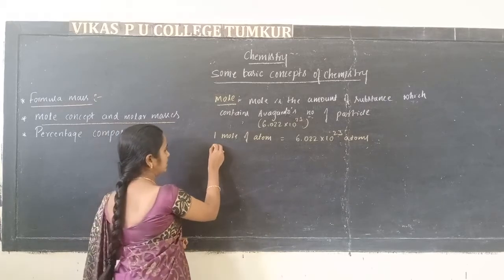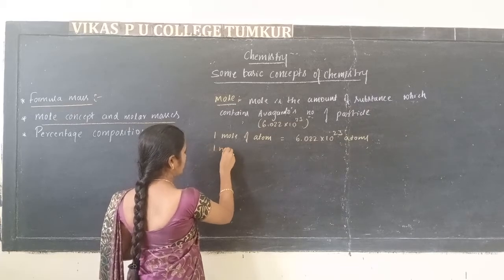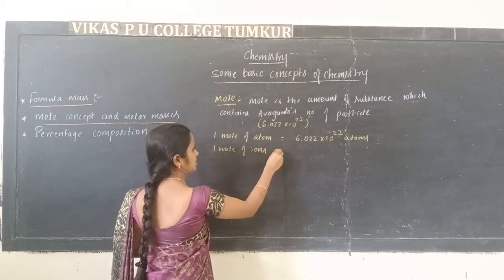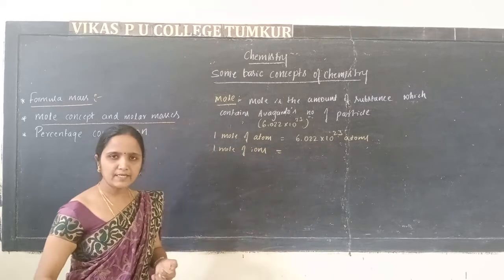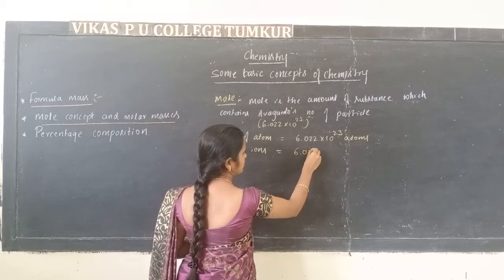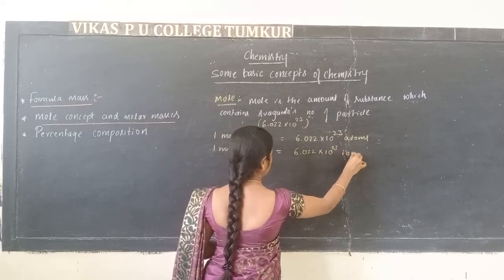If you take 1 mole of ions, it is 6.022 into 10 to the power of 23 ions.